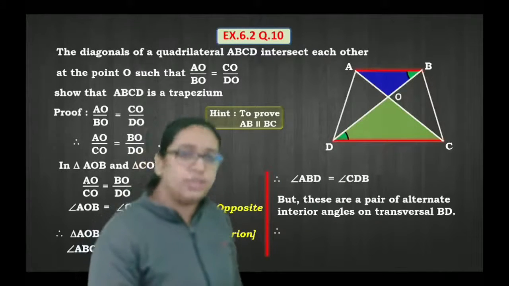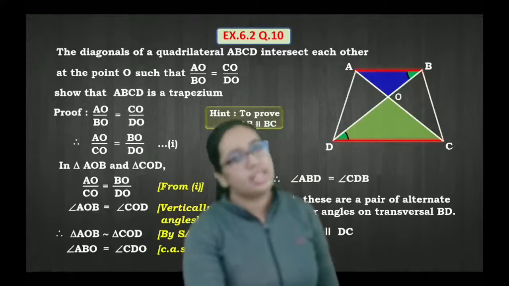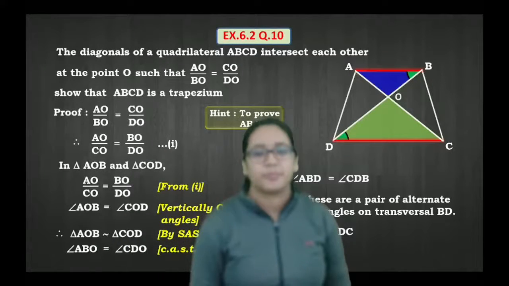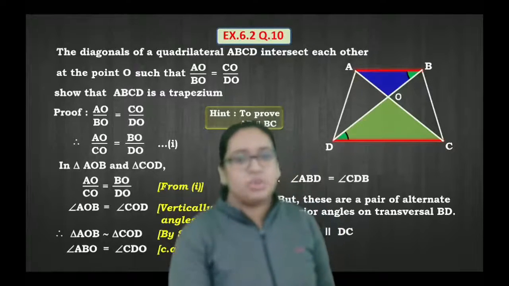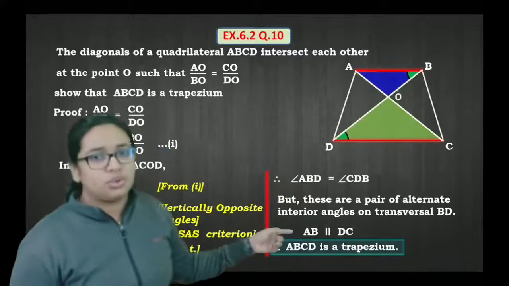It is enough to prove that side AB is parallel to side CD.